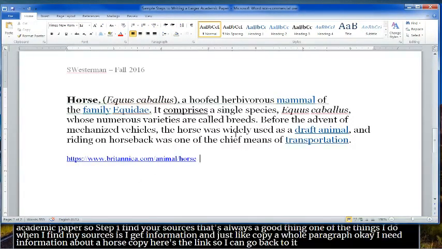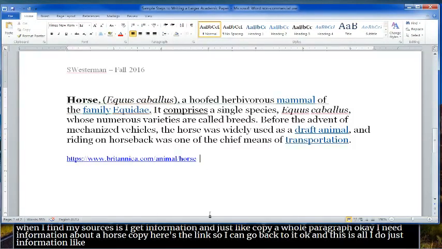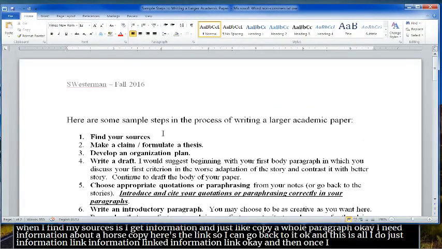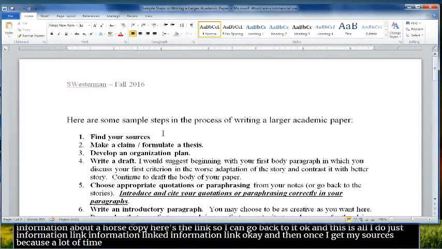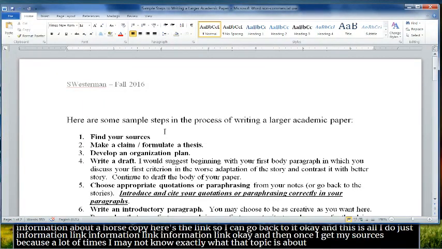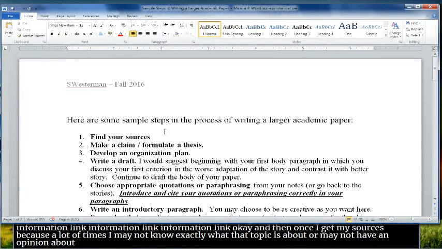And this is all I do, just information, link, information, link, information, link. Then once I get my sources, because a lot of times I may not know exactly what that topic is about, or I may not have an opinion about that particular topic, finding the sources first really helps.